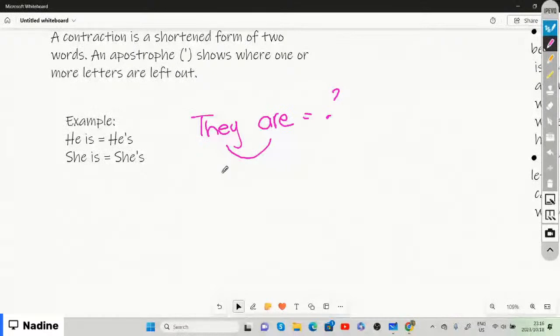Remember, we need to add the apostrophe to show where the letters are left out. So, they are.